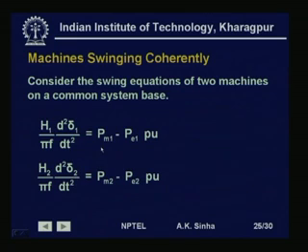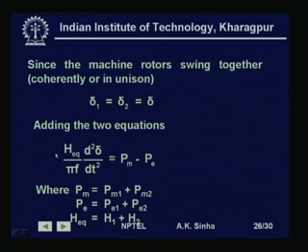If we add them, we get the equation in terms of H equivalent by pi f d2 delta by dt2 is equal to Pm minus Pe, where Pm is equal to Pm1 plus Pm2, Pe is equal to Pe1 plus Pe2, and H equivalent is equal to H1 plus H2. So, this way what we have seen is that for coherent machines, their inertia can simply be added together, and we can make a single machine equivalent for the coherent machines.